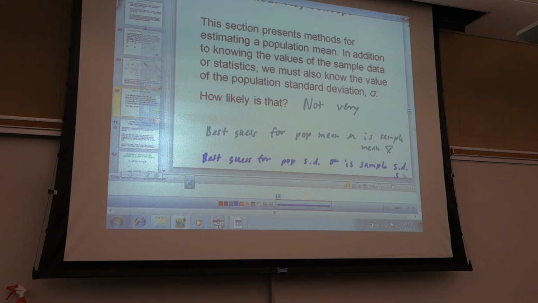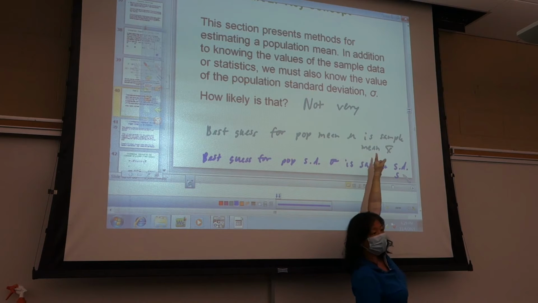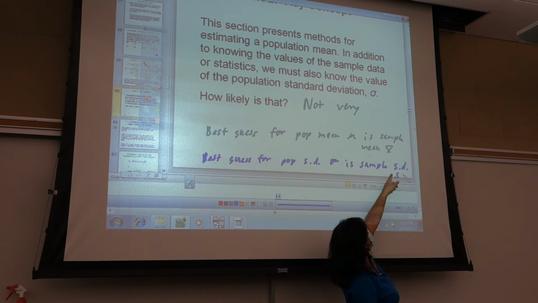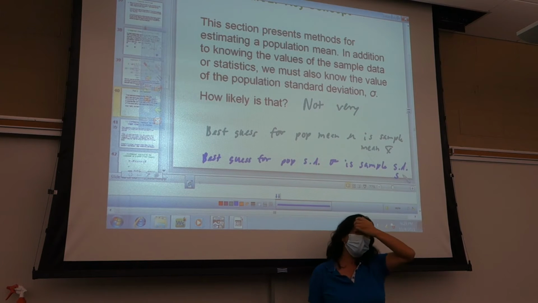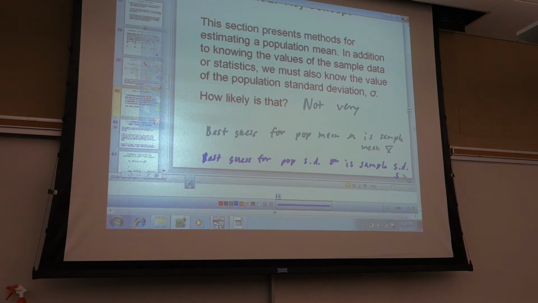Because I use a mean to approximate a mean, and I use a standard deviation to approximate a standard deviation. So, does that sort of make sense? So here, since I don't have a population mean, we're going to use a sample mean.